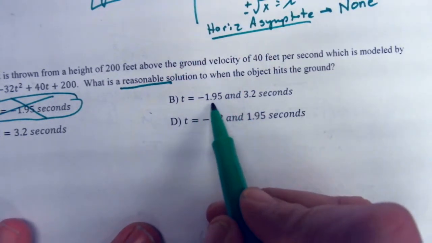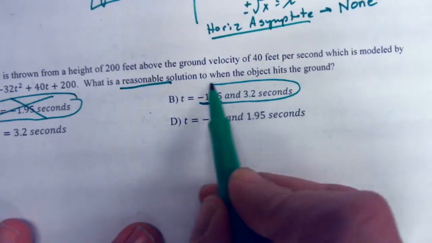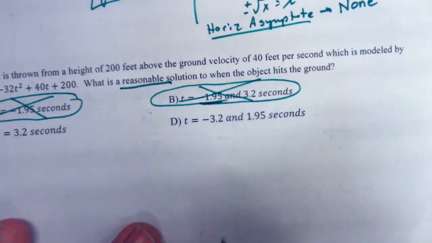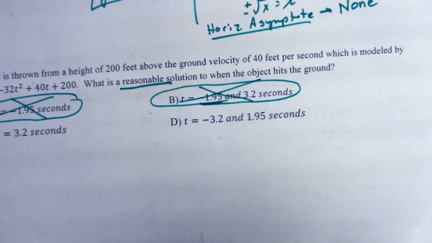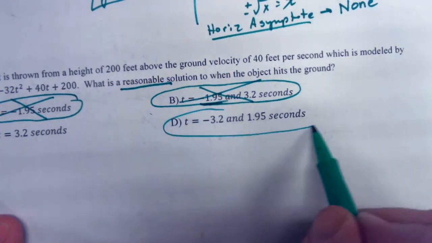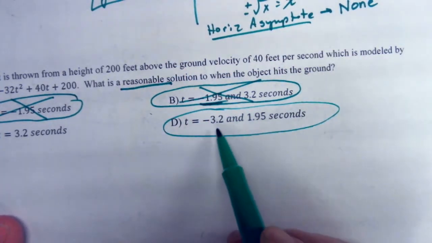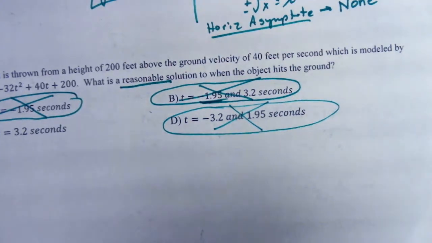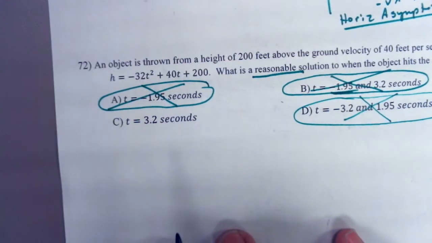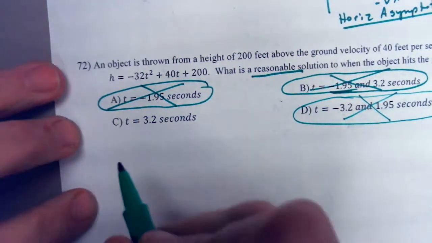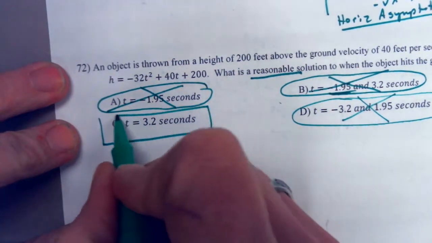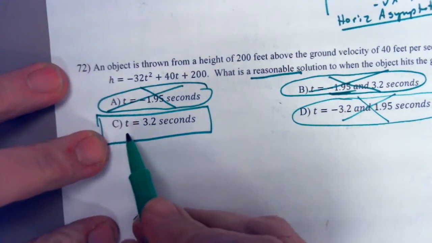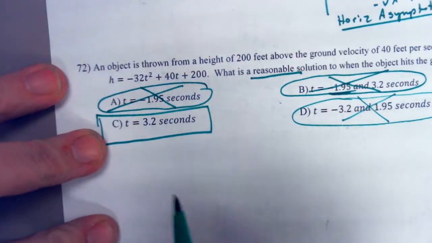Well, you're still not going to have a negative solution, so this is also not a solution. And for D, we have the same problem. We will not have a negative time, not in the real world, where time always starts at 0. So, by process of elimination, the reasonable solution is C. The time equals 3.2 seconds.